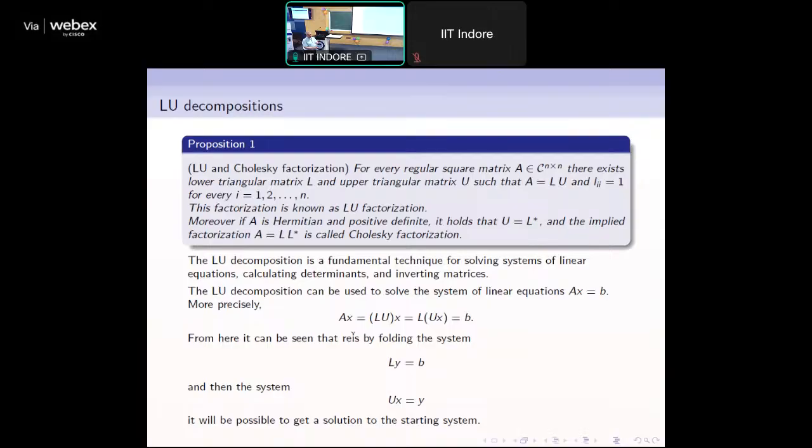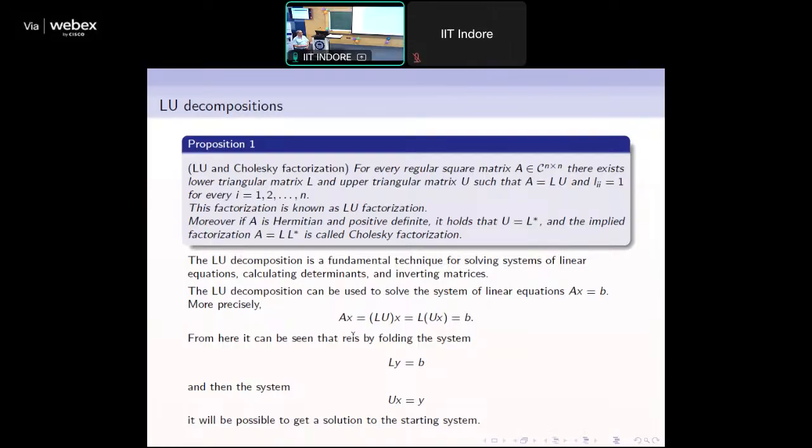And U is an upper triangular matrix. If we have the LU decomposition of matrix A, then we can solve the system AX equals V using two simple linear systems. Two systems, but much simpler.